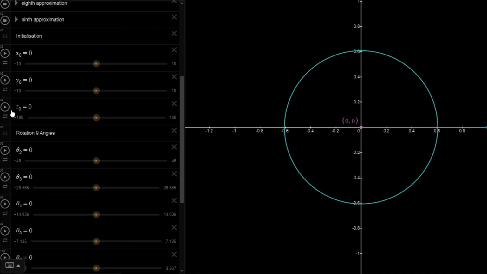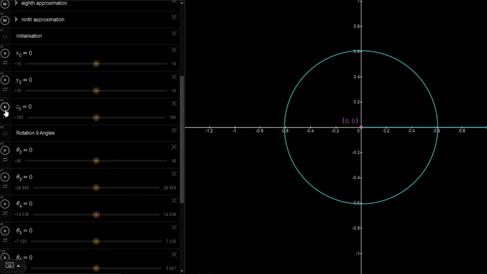Now in order to get the Zn, we're going to have to add on and subtract off these angles here, but we do it in the opposite sense. So for example, if we subtracted off the angle here, we'd have to add on the angle here. If we added on the angle here, we'd have to subtract off the angle here.